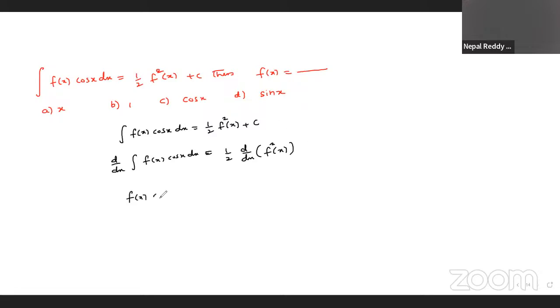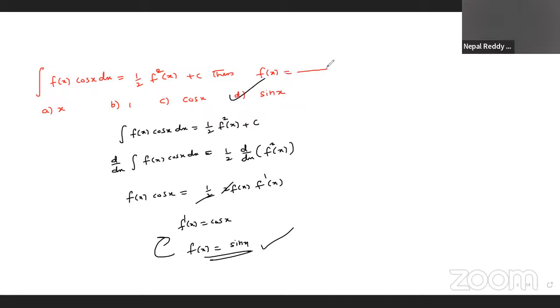You will get f of x into cos x. That should be 1 by 2 into the derivative of f square of x, 2 times f of x into f dash of x. The 2 gets cancelled, and on comparison f dash of x becomes cos x, and hence f of x is sin x. When f of x is sin x, automatically its derivative is cos x. So the solution is option D in this case.